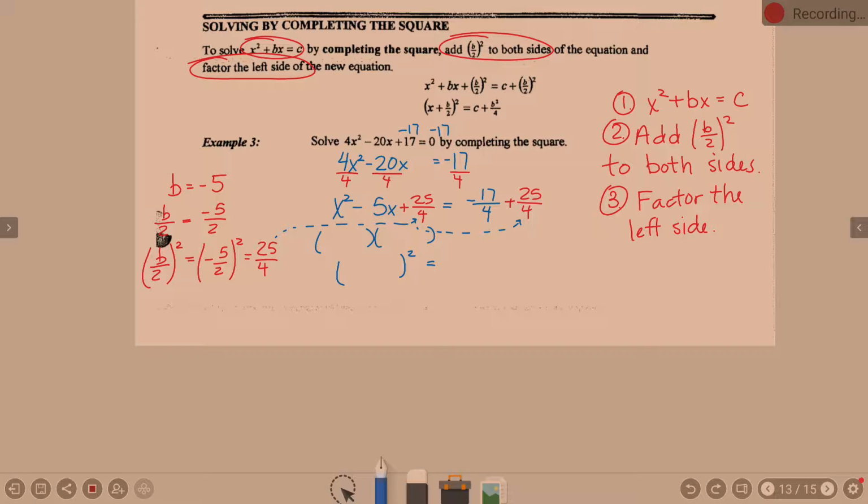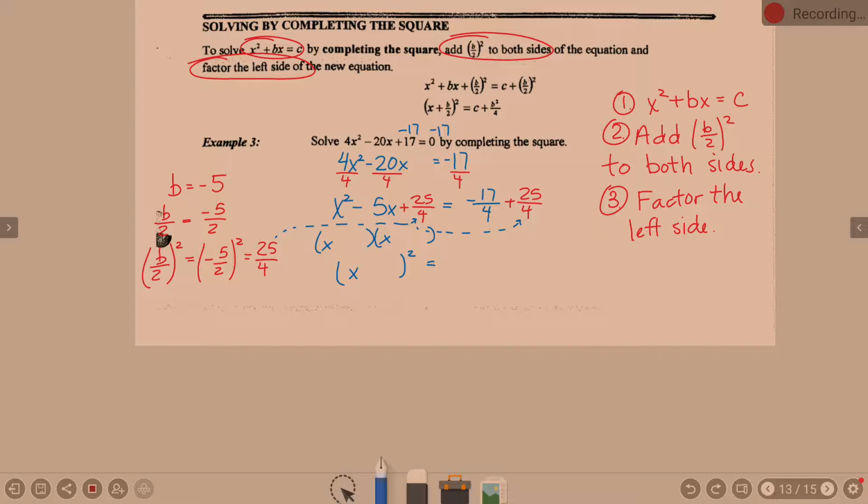Think with me. X squared breaks up into x and x. So if you're going for 2 parentheses, it's x and x. If you're going for 1 parenthesis, it's just right there. Now, the shortcut here is to ask, we need the square root of x squared in the front. We need the square root of 25/4 out back.